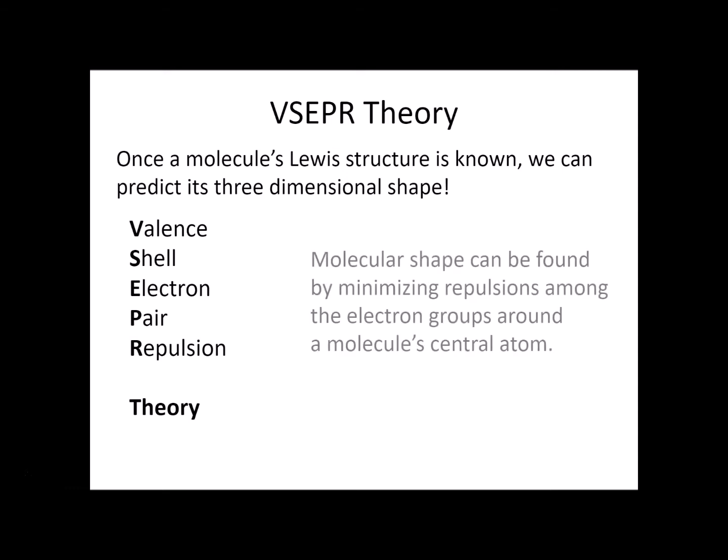So here's the gist of VSEPR theory. A molecule's shape can be found by minimizing repulsions among the electron groups that surround the central atom. We're going to be focusing almost exclusively on the central atom in a molecule.